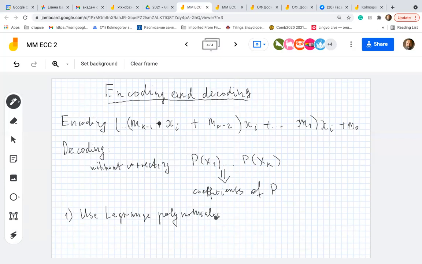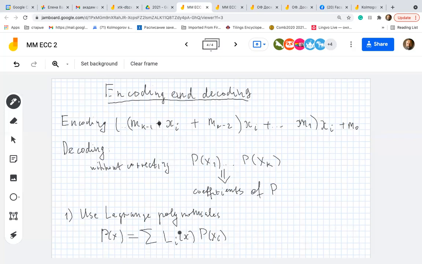The polynomial P can be expressed as a linear combination of some polynomials called Lagrange polynomials, where the coefficients are the values we are given.